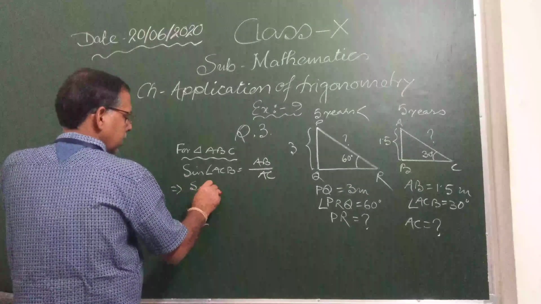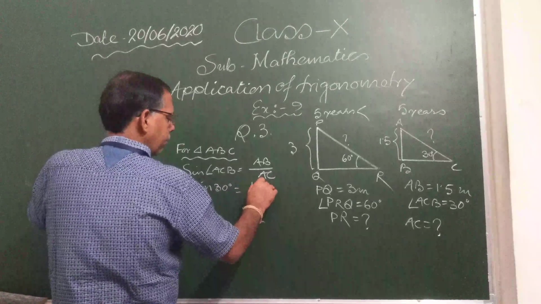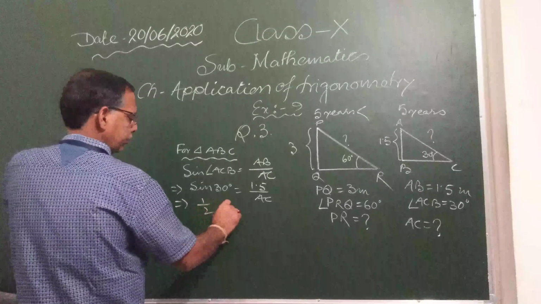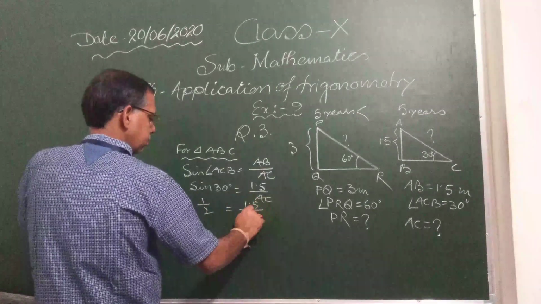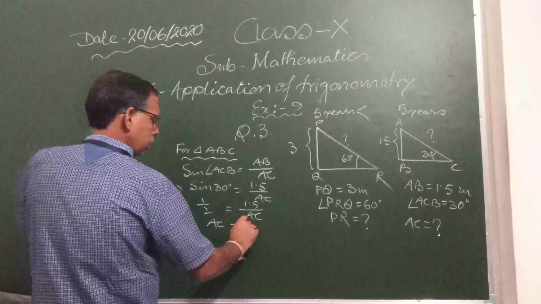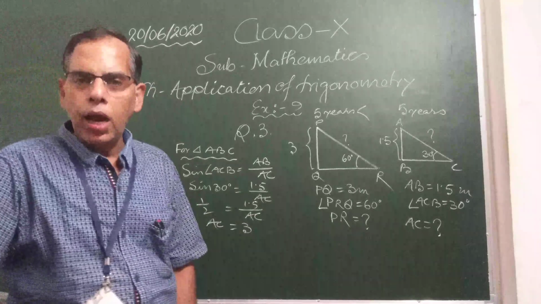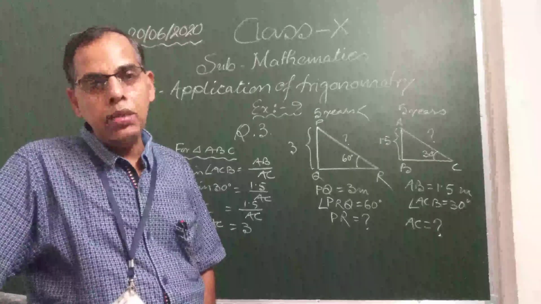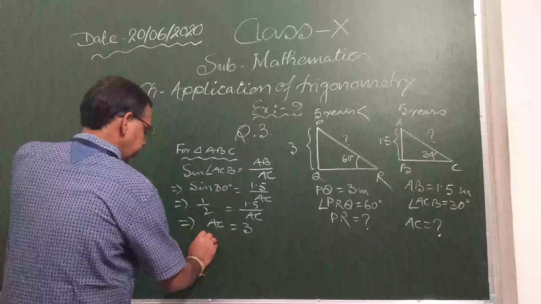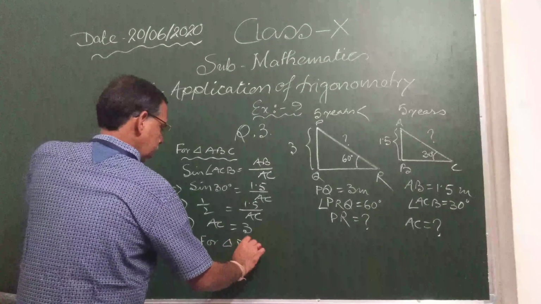So sine 30 degree equal to 1.5 by AC. What is that? Half. 1.5 by AC, so AC equal to 3. That means in the first case, the length of the slide is 3 meter. Let's see the second case, that is for triangle PQR.